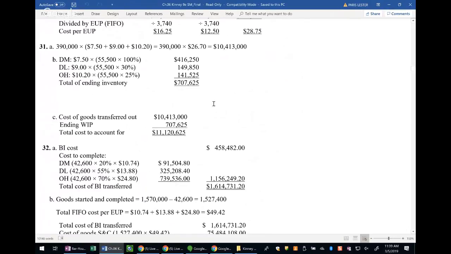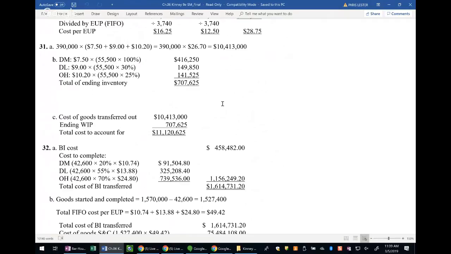All right. Let's read 31, Clayton. The following production and cost per equivalent unit data are given.